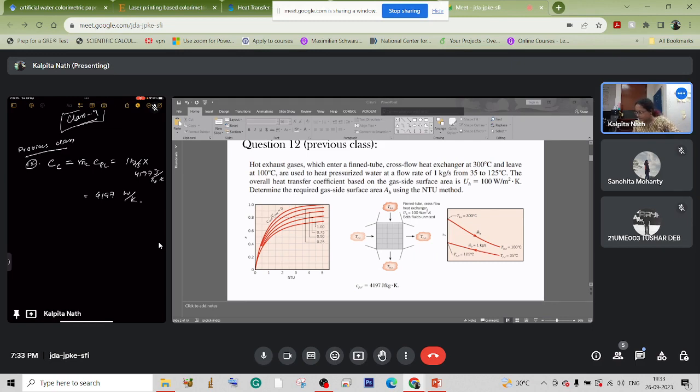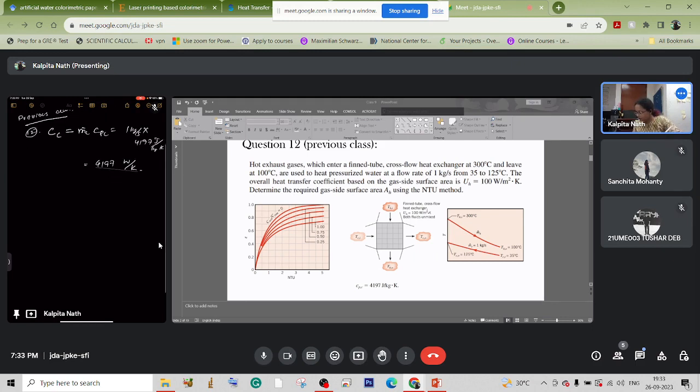Okay. Now, mh, the flow rate for the hot fluid, is not specified. So we need to obtain the heat capacity of the hot fluid. For that, we need to do an energy balance first.